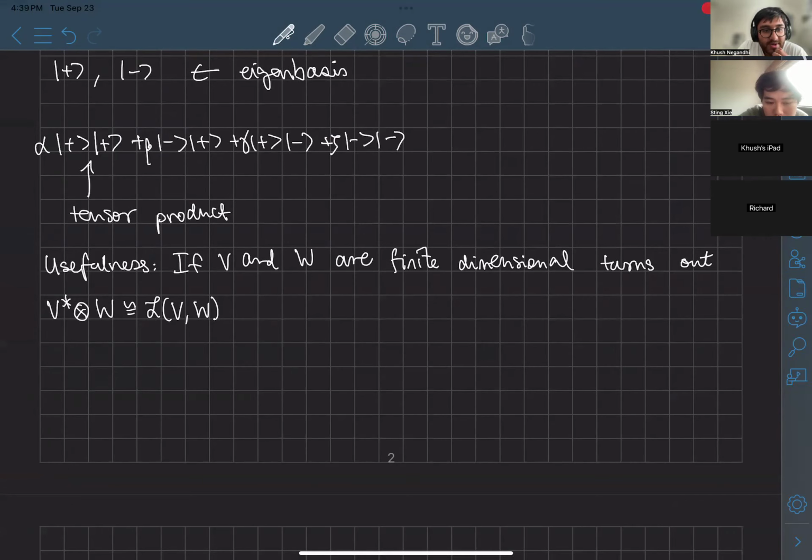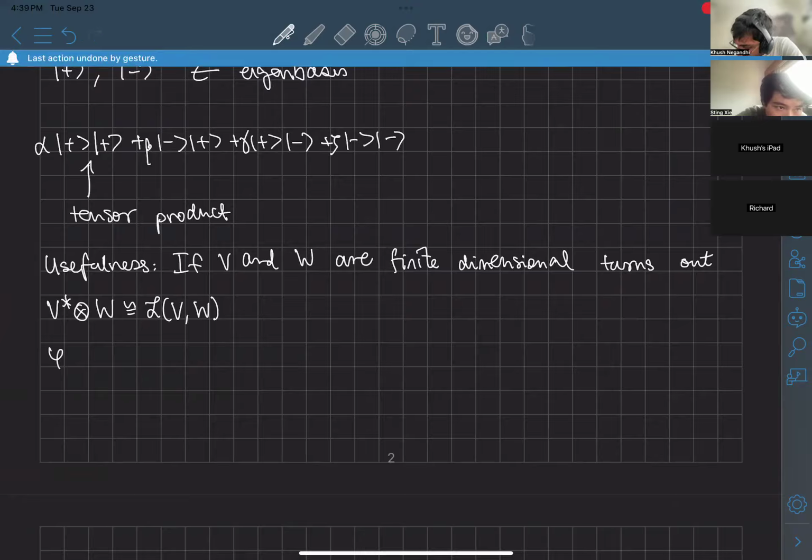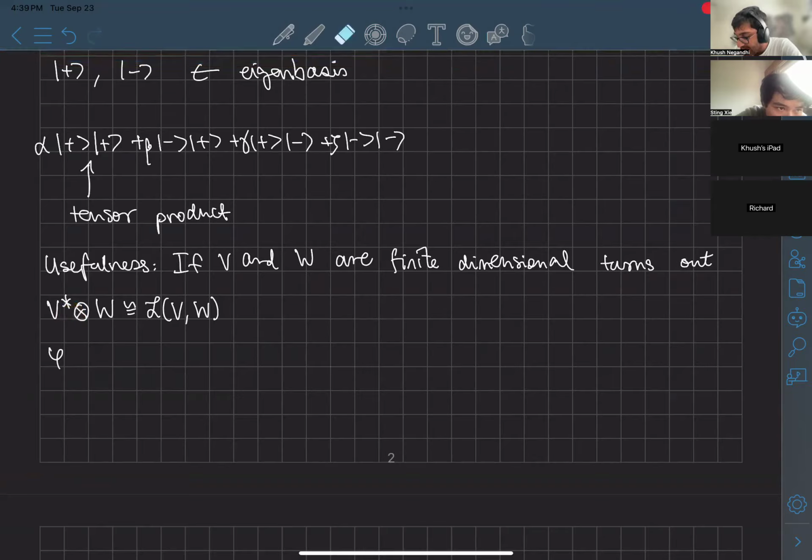Remember the isomorphism we gave with the evaluation map. Let's look at how we can give a natural action to this vector over here.